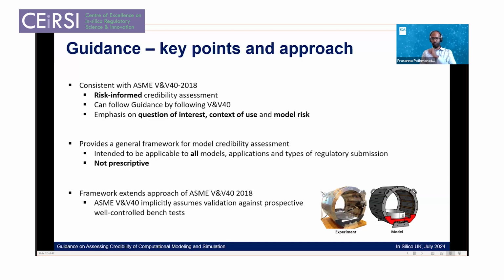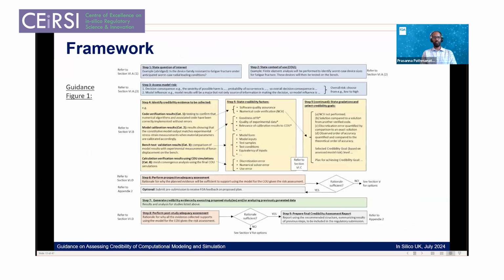This picture here is an experiment that might be performed to evaluate a computational model of the absorbed energy of a metallic implant during MR imaging. So in many cases, it will be possible to do prospective, well-controlled bench tests to validate a device-related model, but in many cases, that's not what will be done. There's a wider range of possibilities. So we wanted to cover that in the guidance.